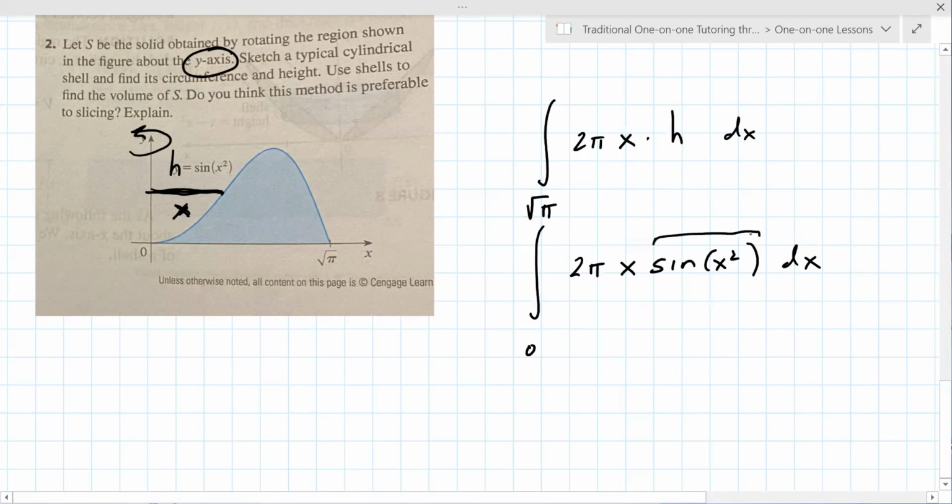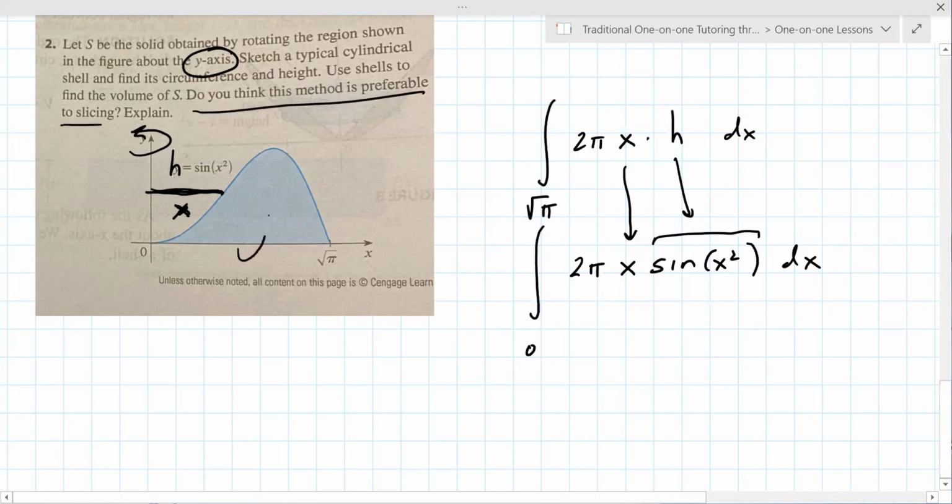This is your height, and then your x is here.